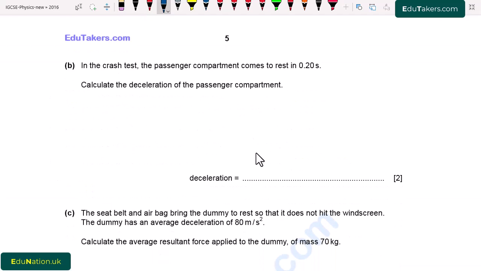Next, part B. In the crash test, the passenger compartment comes to rest in 0.20 second. Calculate the deceleration of the passenger compartment. So here we have to find the deceleration. First of all, deceleration is negative acceleration.